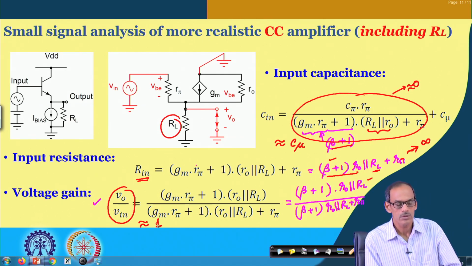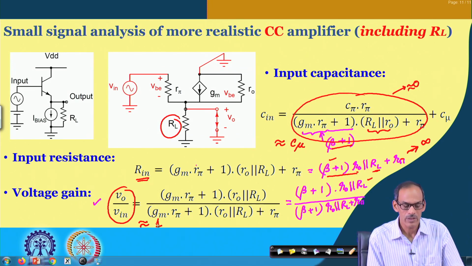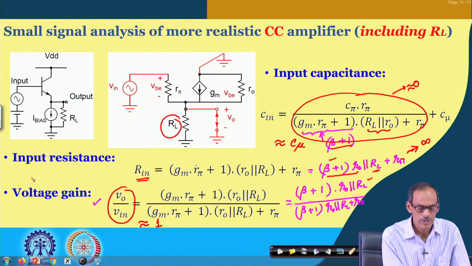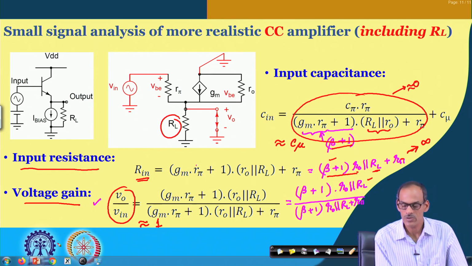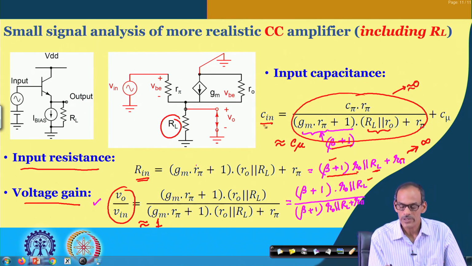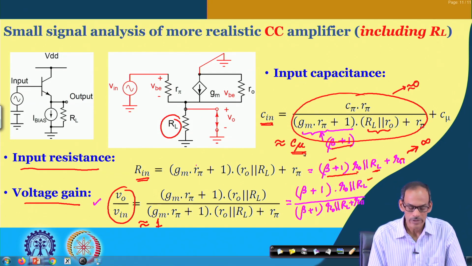So the bottom line is that even if I consider RL, the main properties are retained: the input resistance is high, the voltage gain is close to 1, and the input capacitance is very small, defined by Cμ. Also, the other parameter we have to think of is the output resistance.